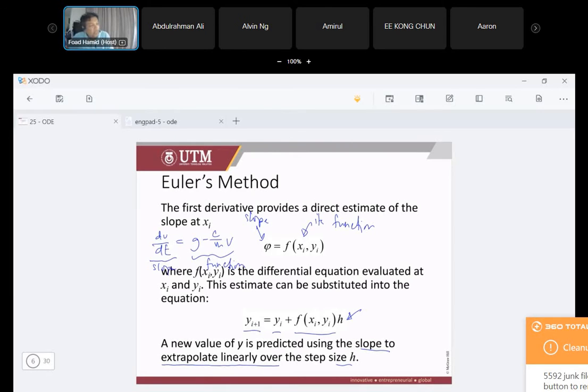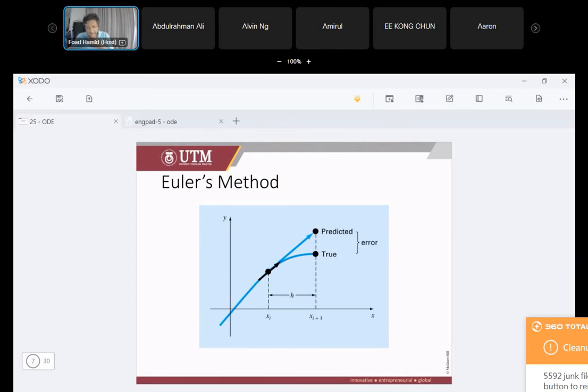In this example, we know yi, and this is yi plus 1. Note that our yi plus 1 is based on the old point, which is this one here.